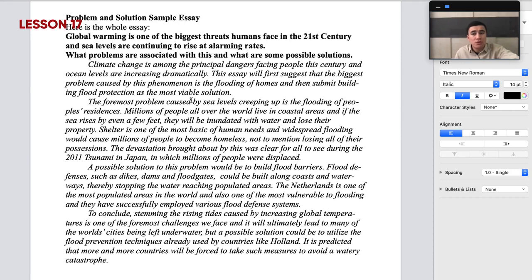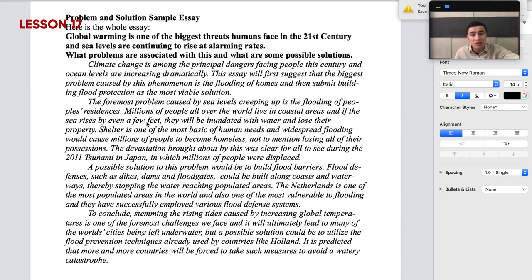The foremost problem caused by sea levels creeping up is the flooding of people's residences. Millions of people all over the world live in coastal areas, and if the sea rises by even a few feet, they will be inundated with water and lose their property.